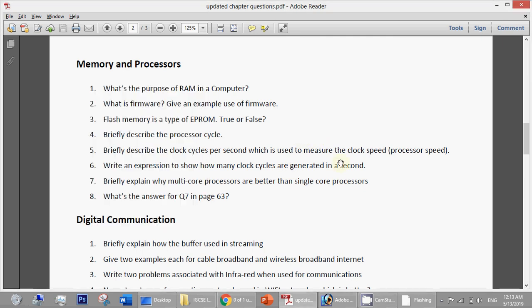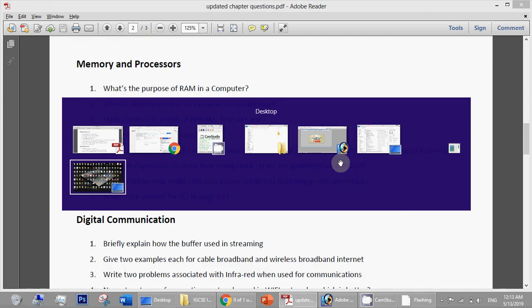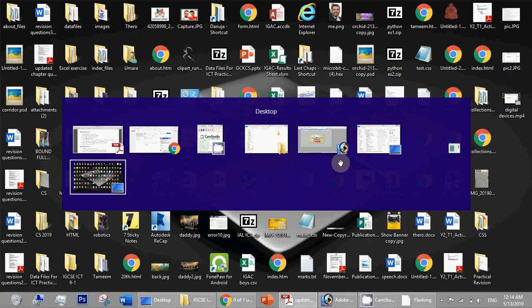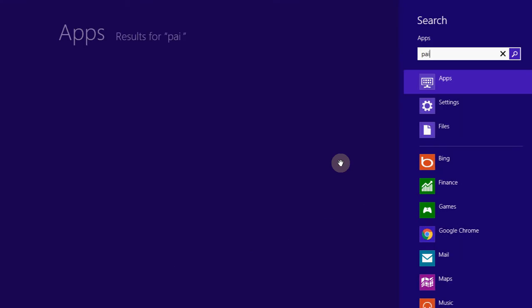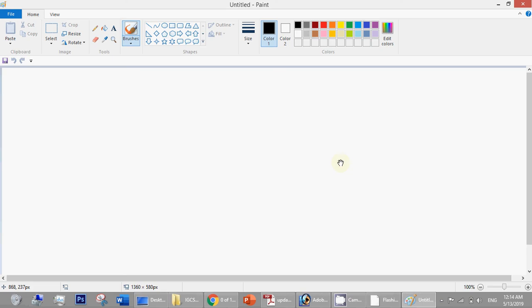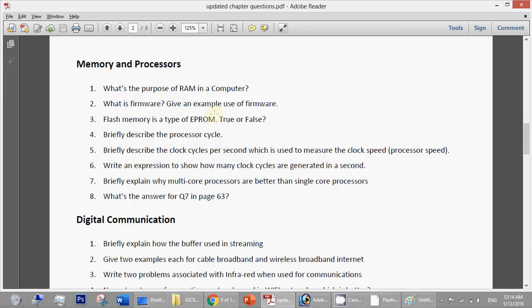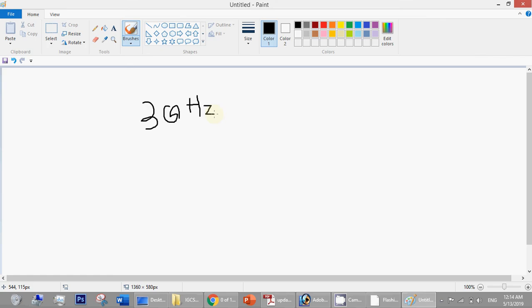Write an expression to show how many clock cycles are generated in a second. Well, part of the question is missing there. Let's assume that we have a 3 gig processor. So if you are going to find out how many clock cycles are generated in a second, you just need to convert this into hertz, because hertz is 1 cycle per second.